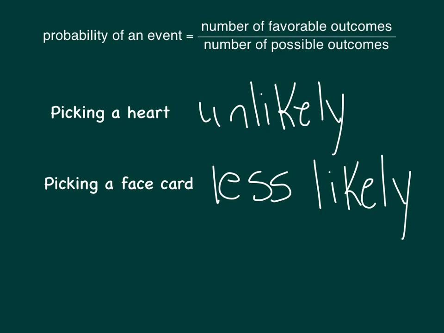If I asked a question like, what is the probability of picking a card that is not the ace of spades? So if you think about that, there's only one card in the deck that is the ace of spades.